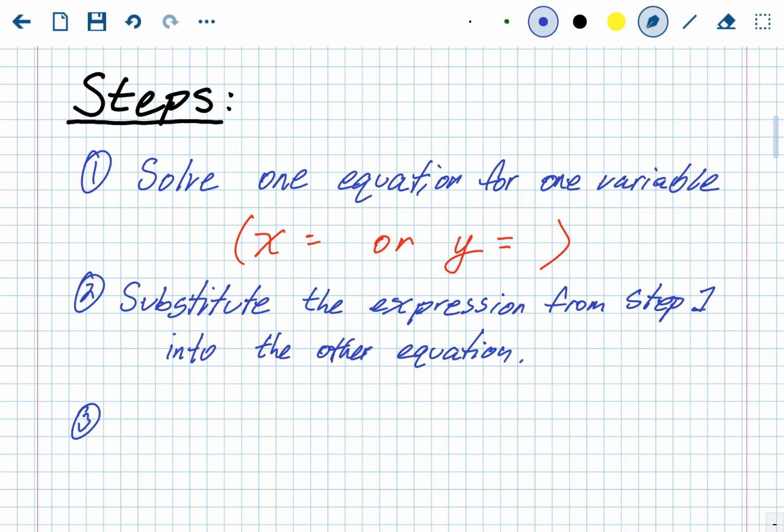When you have one equation with one variable, we can solve those. Okay, we don't know how to solve equations with two variables, but after step two, you're going to have just one equation with one variable, and we are going to be able to solve that. So in step three, you're going to simplify and solve the equation from step two.